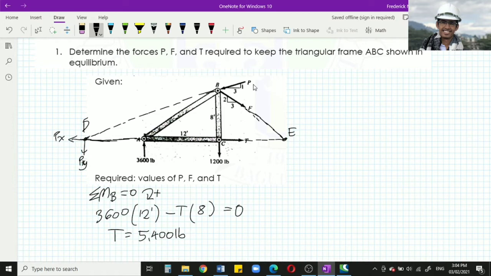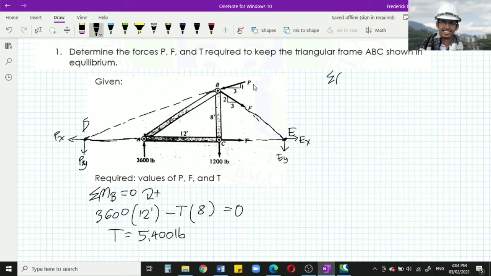Okay? So, kapag dito sa point D tayo nag-moment, so magka-cancel yung force P natin. Ang magmo-moment na lang na unknown will be force F. Okay? Ganon. So, in this case, dito sa ating point E, magkakaroon din tayo ng EY and EX. Okay? EX.